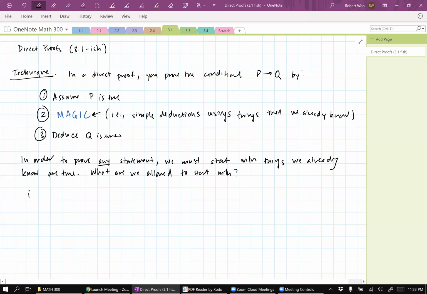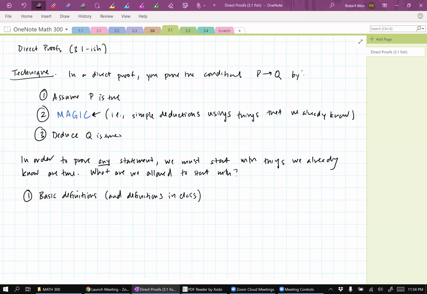Okay, so 1 is you're allowed to assume any basic definitions. By this, I mean definitions given in class. So for example, we've defined a set, so you're allowed to use the definition of a set in your proof. You're allowed to use the definition of a subset in your proof, right?